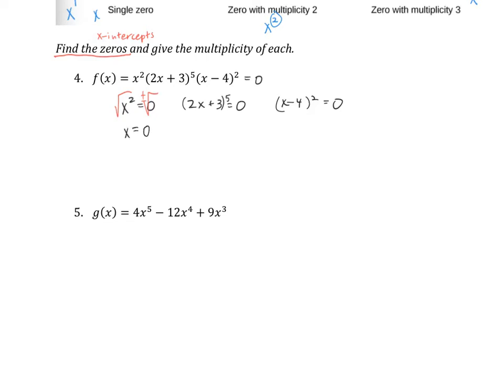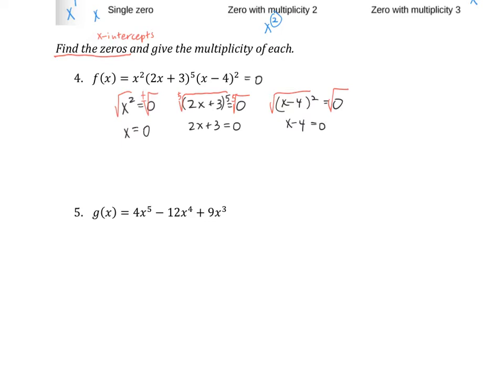For the second one, to get rid of the fifth power, I have to take the fifth root. But any root of 0 is simply 0. So really, you only need to write down the single factor without the exponent equal to 0 and solve that. That's what you're looking for, because you're going to undo the exponent anyway and get down to the linear factor.